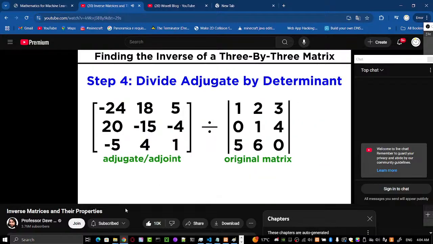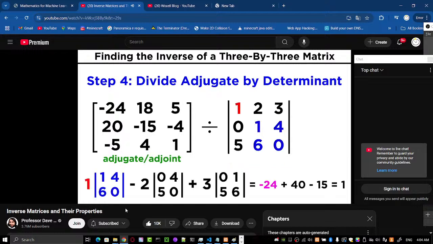Finally, the last step involves dividing by the determinant of the whole original 3x3 matrix, which won't seem so hard after doing that whole business with the matrix of minors. We just have this first entry times the determinant of this 2x2 matrix, minus the second entry times the determinant of this 2x2 matrix, plus the third entry times the determinant of this 2x2 matrix.